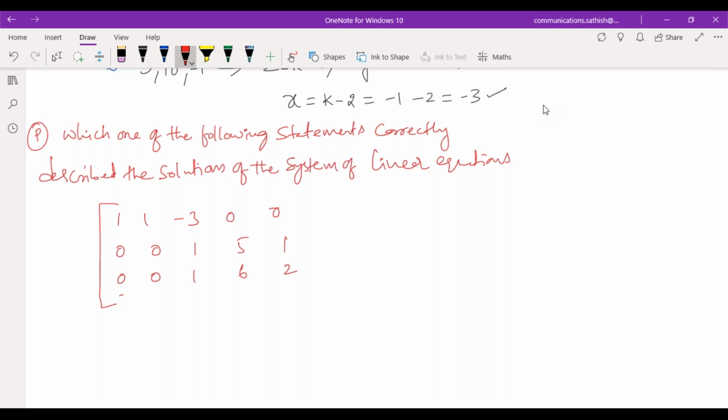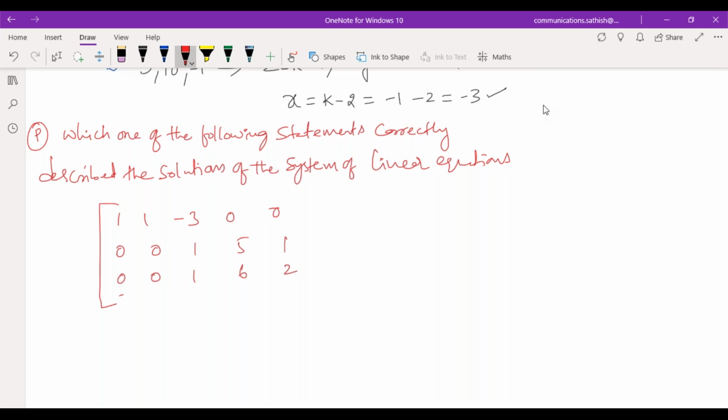Option D, there is not enough information to decide. This is the question. Try to understand the question and give me the answer properly.